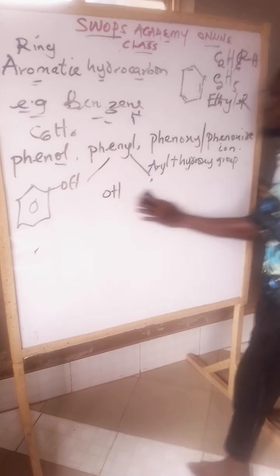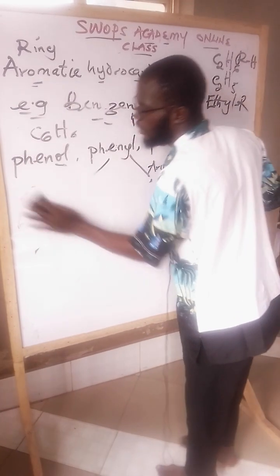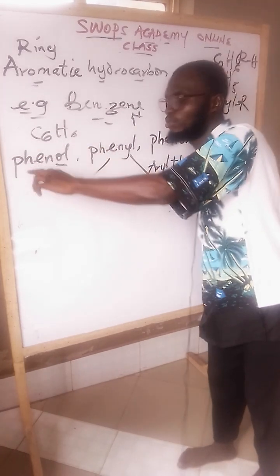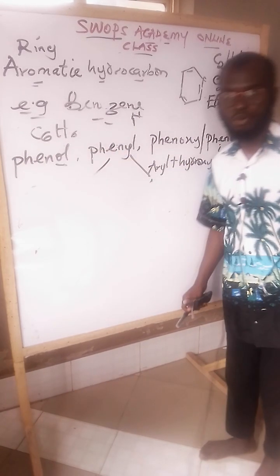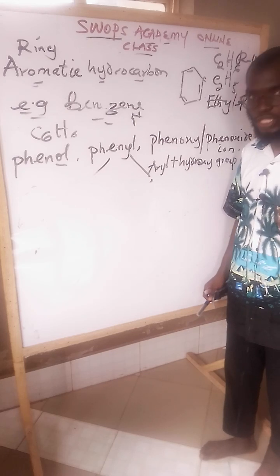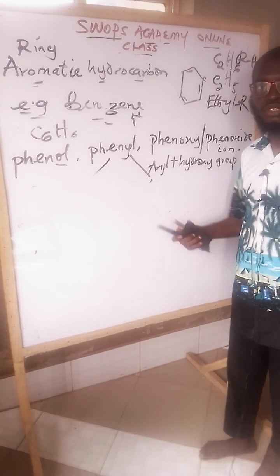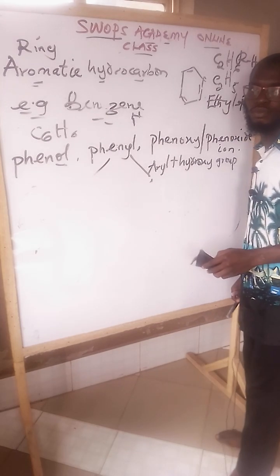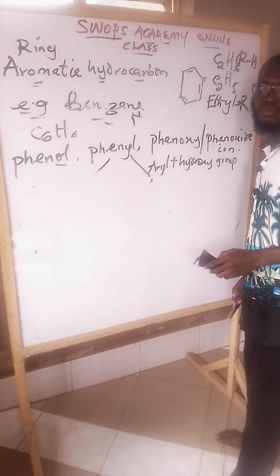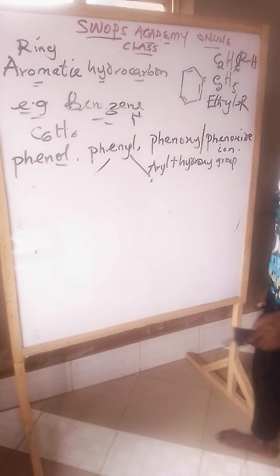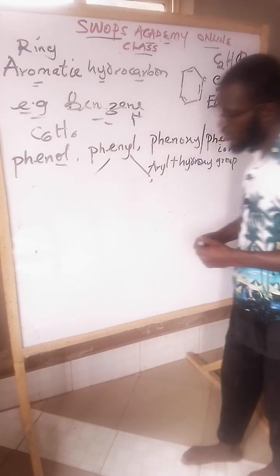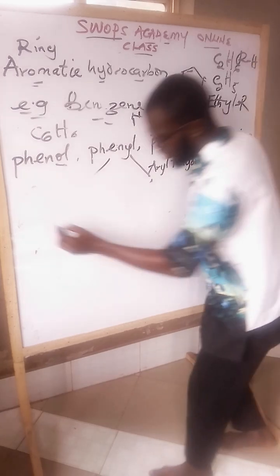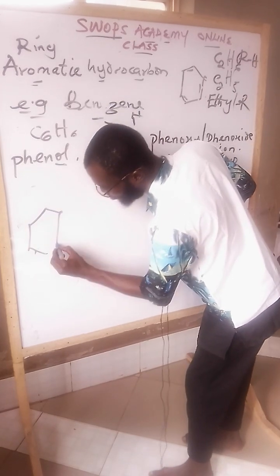Now let's quickly see, this is the main point. We have come to realize that we have saw something of phenol. What is phenol? Now, the addition of, meaning the phenoxy that I'm actually saying, let's break it like this.